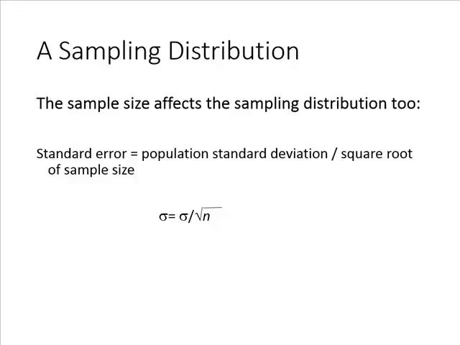So what we do to account for this sampling size is when we compute the standard error, we build into it the number of observations that we have.